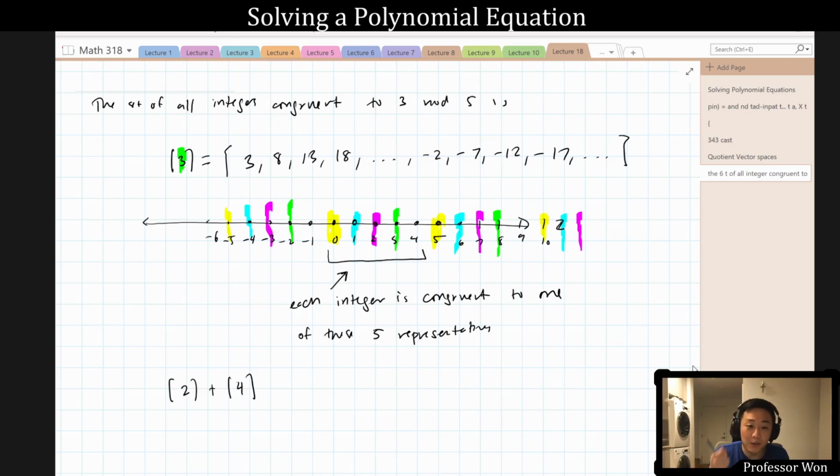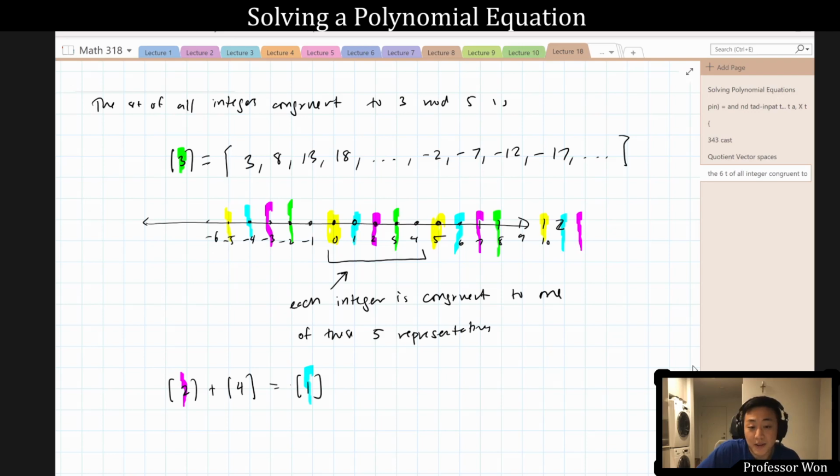If you add those two things, you add a pink number plus a white number, you will always get a blue number, right? 2 plus 4 equals 6. 2 plus 9 equals 11. -3 plus 4 equals 1. If you add a pink number to a white number, you will always get a blue number. And so you could say that if you add the equivalence class of 2 to the equivalence class of 4, you get the equivalence class of 1.